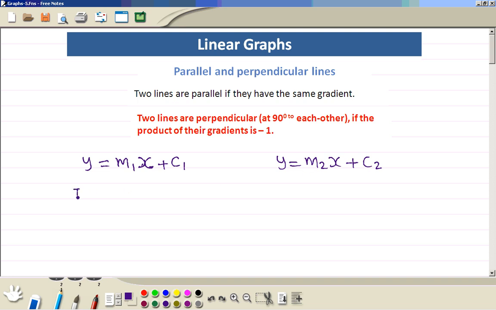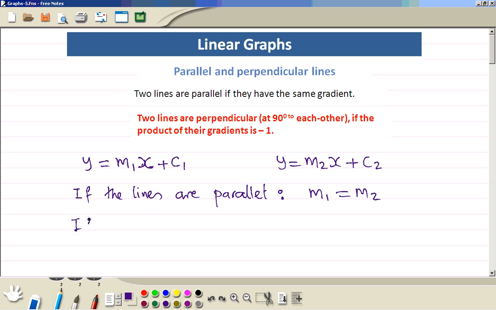So if the two lines are parallel, then the gradient m1 must be equal to the gradient m2.